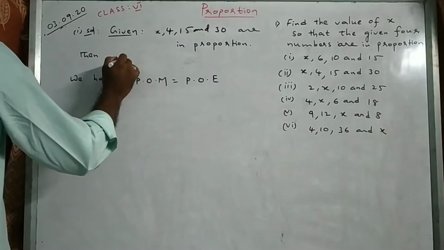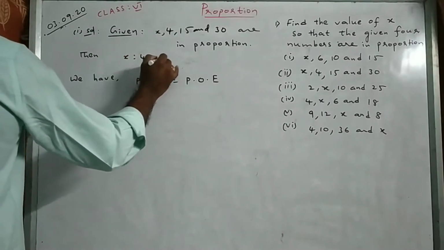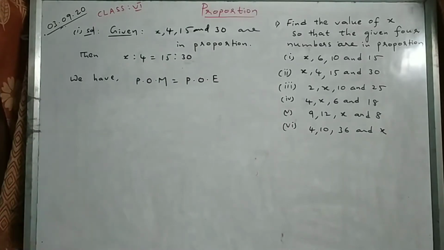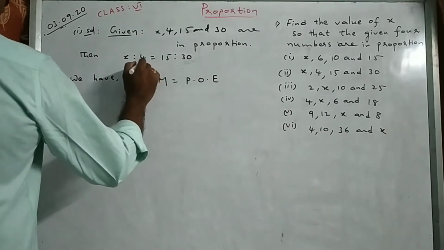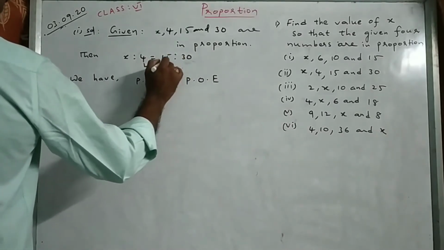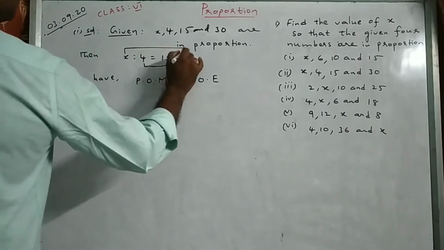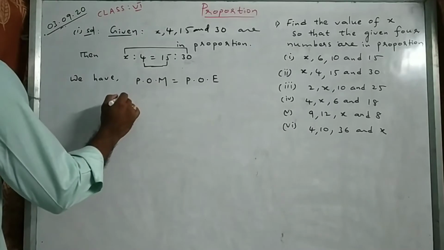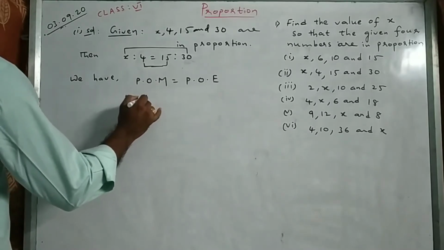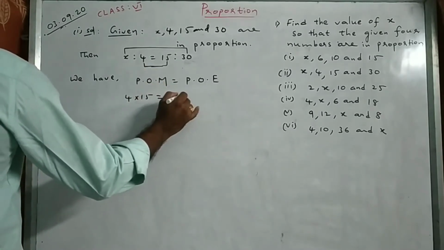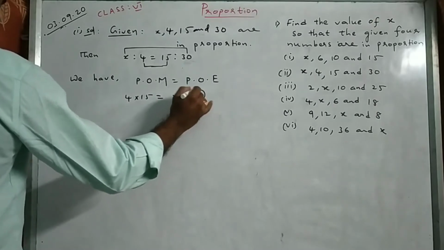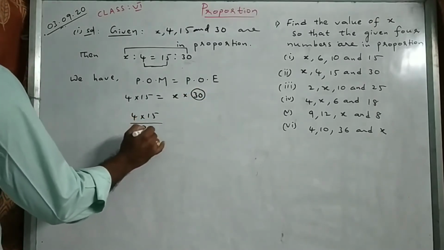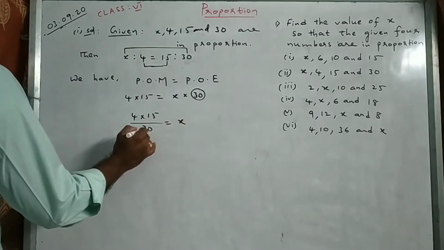Then we can write x is to 4 is equal to 15 is to 30. First two numbers, next two numbers you must make. That's all. So they are in proportion. So as per the proportionality condition, product of means equal to product of extremes. So means 4 into 15, extremes x into 30. So send 30 this side. 4 into 15 upon 30 is equal to x.